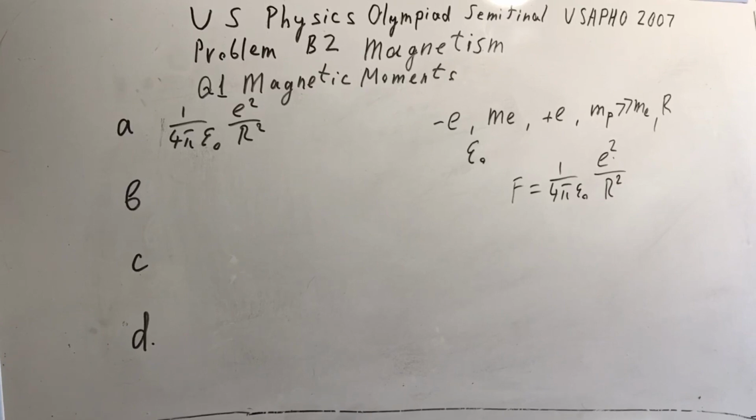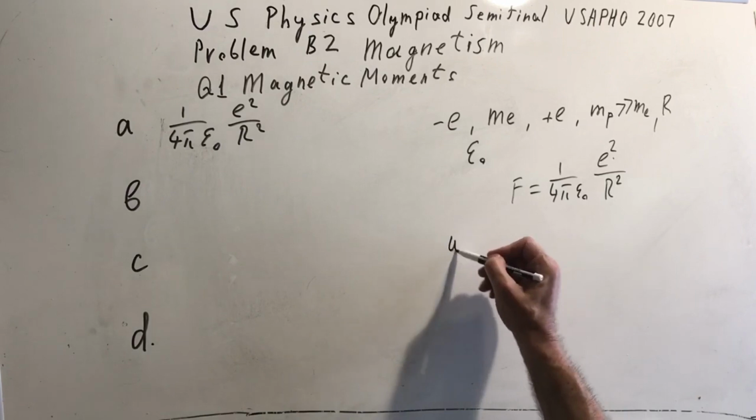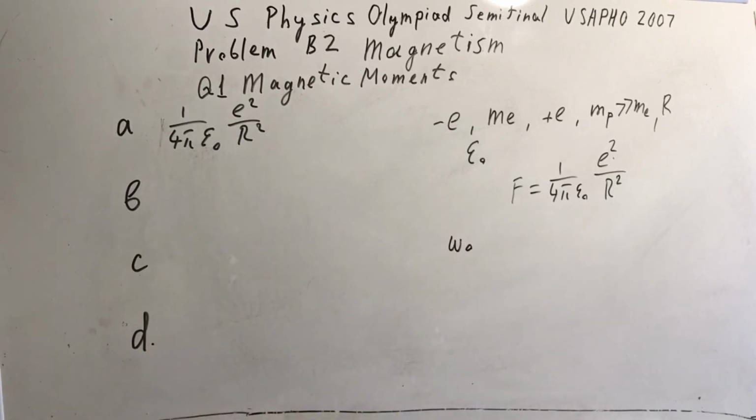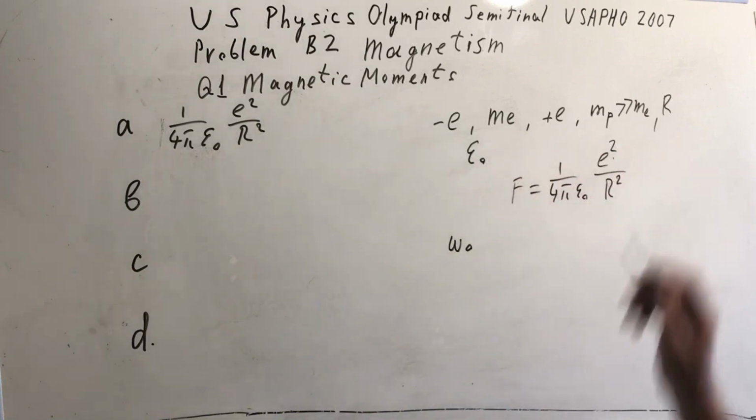Question B. Determine the angular velocity omega 0 of the electron around the proton in terms of any or all of the following parameters.